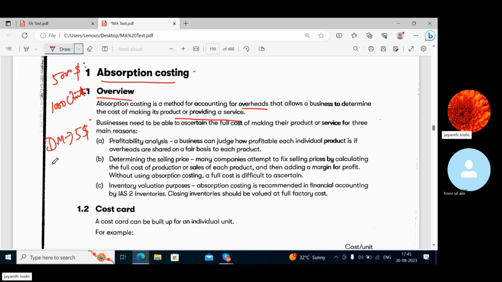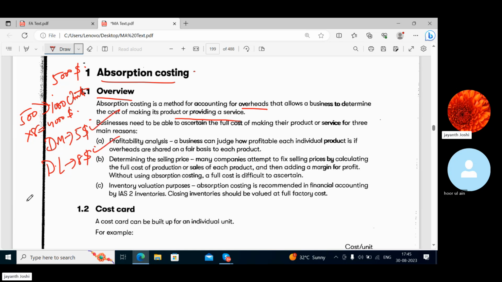Direct labor, the labor who is working in my factory, I'm paying wages of $8. If my labor is working for 500 hours for making 1,000 units, I'll be paying a wage of $4,000 in totality. So this is available.